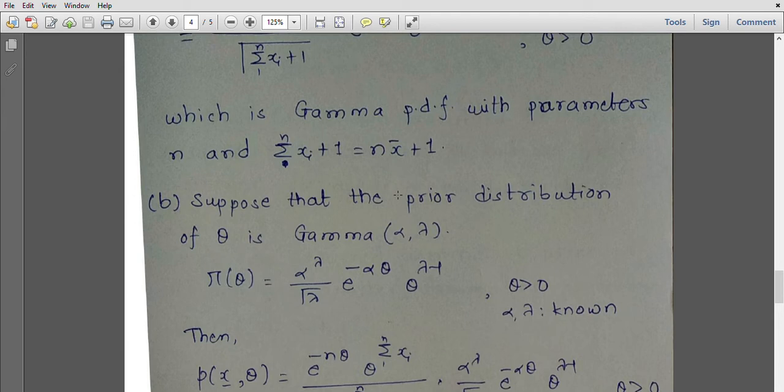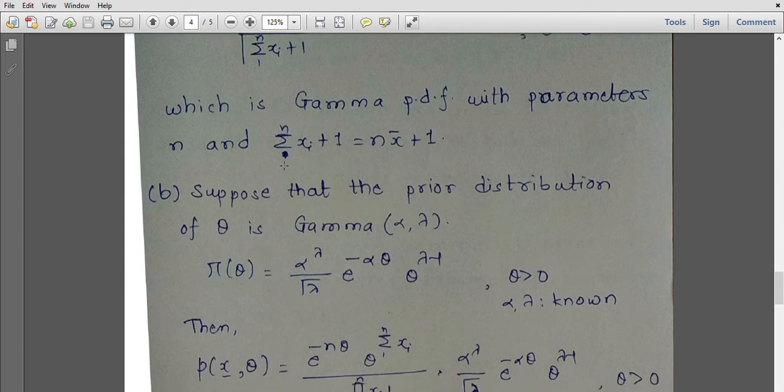So parameters of the prior distribution of a parameter are called hyperparameters. Moreover, we are assuming these alpha and lambda to be known constants. So alpha raised to lambda by gamma lambda, e raised to minus alpha theta, theta raised to lambda minus 1. This is the prior distribution of theta.